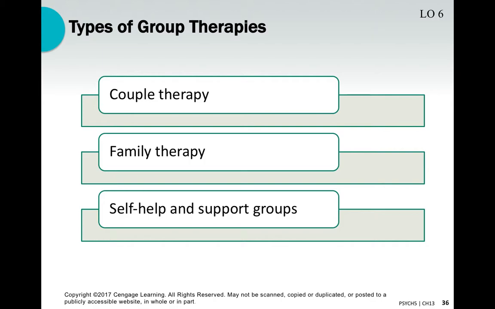There's family therapy that incorporates children as well, pretty similar to couple therapy in the sense that we're talking about a family that's already formed, marriage has already happened, maybe the therapy is there to prevent the marriage from breaking up. And there's also self-help and support groups. Narcotics Anonymous, Gamblers Anonymous, and Alcoholics Anonymous are some very famous ones that you've probably heard of before.